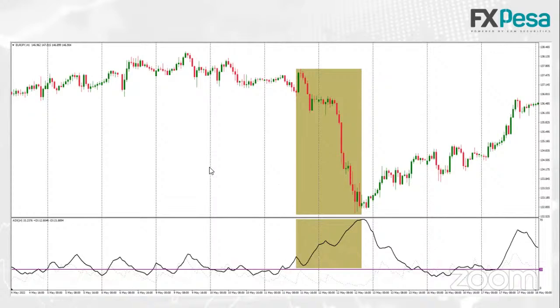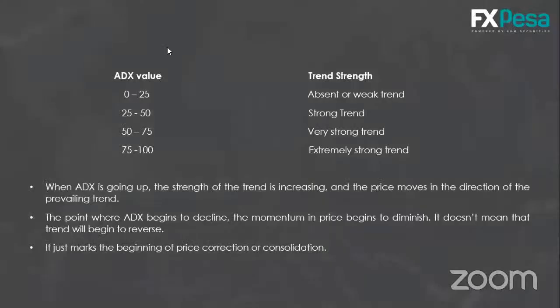As it rises above level 20, that is the point where the prevailing trend starts to rise, or where you're likely to have the price beginning to move towards that direction with significant momentum.